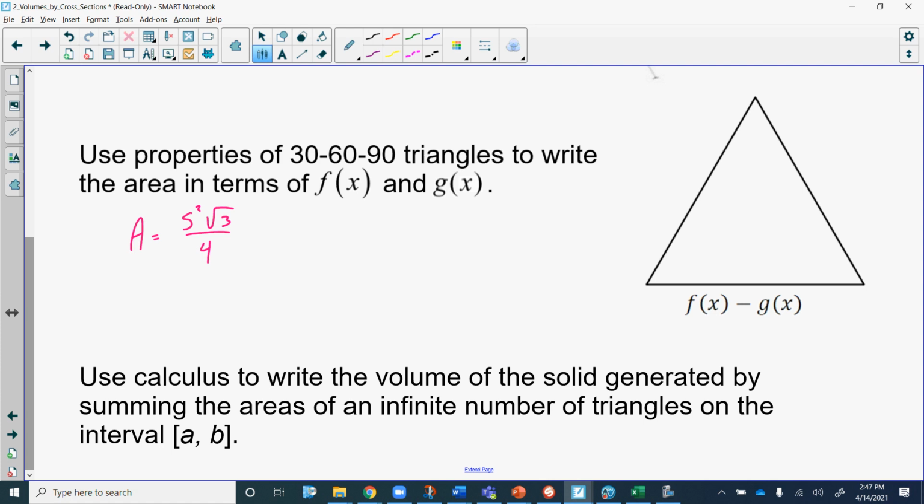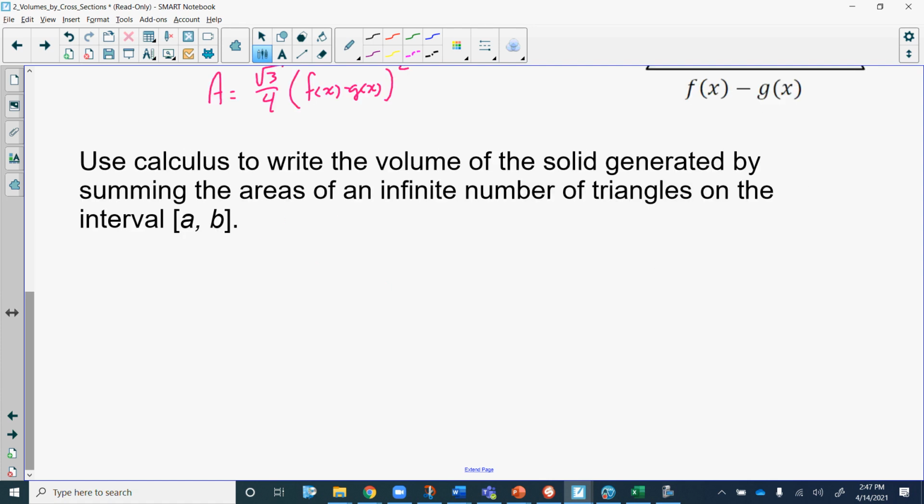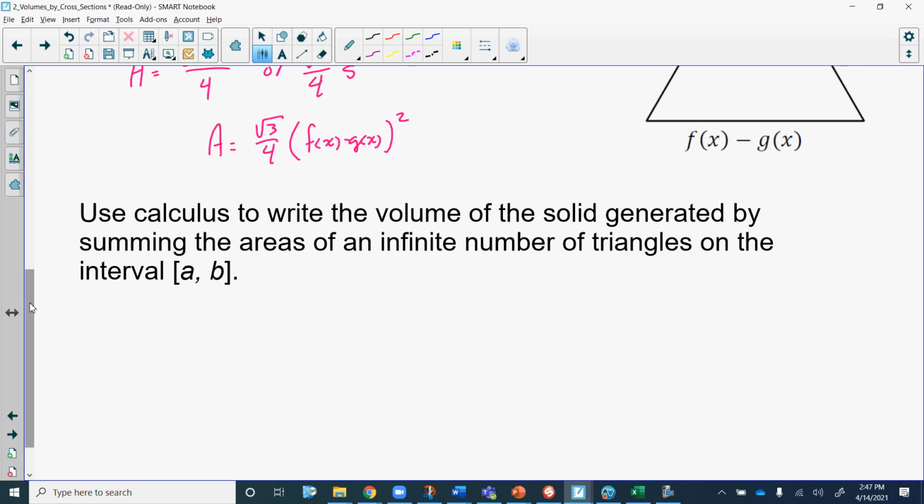I think this one will be a bit easier if I write the area as the square root of 3 over 4 times side squared, because of the expression that they're giving me. So I'm going to wind up with the square root of 3 over 4 times f of x minus g of x squared, and again, taking that as our Q for the volume.